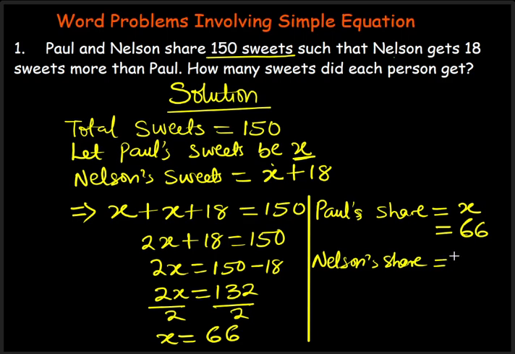Nelson was X plus 18. That means we'll have 66 plus 18, and that will give us a total of 84. So Paul got 66 sweets and Nelson got 84. So that's how we use simple equation when we are sharing items.